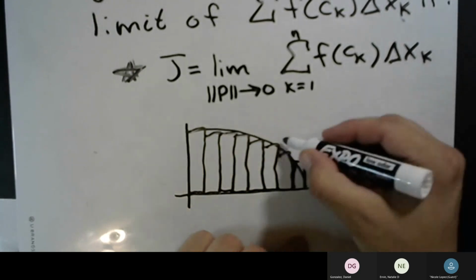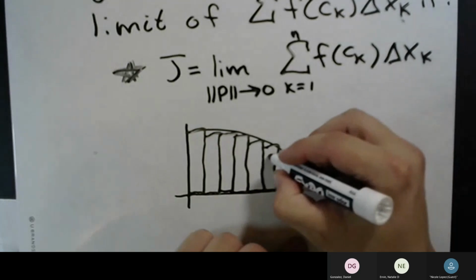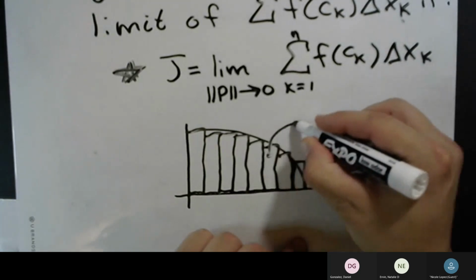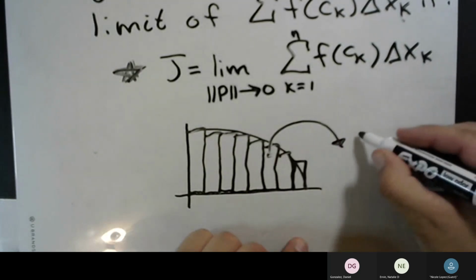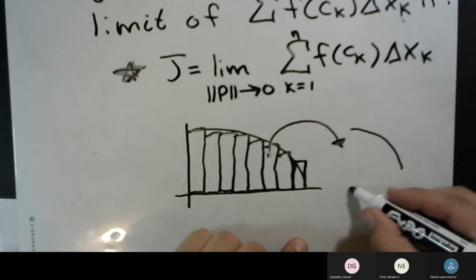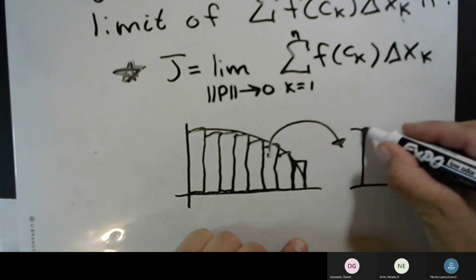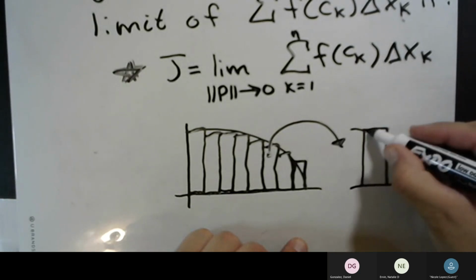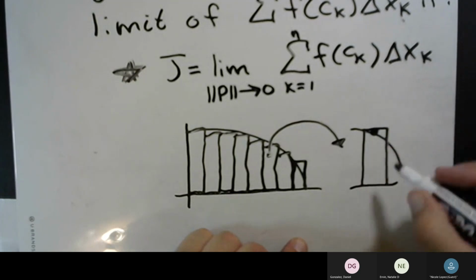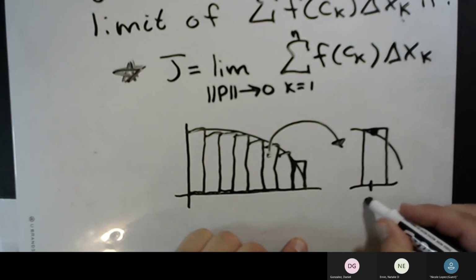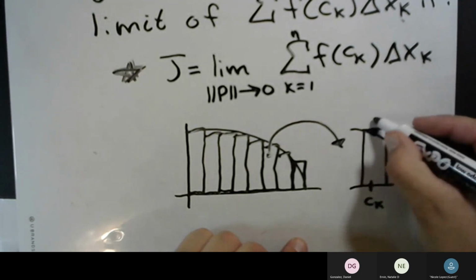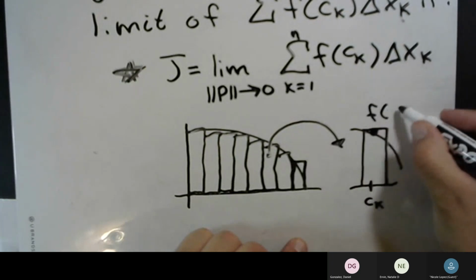And each area, if we take one of these squares, one of these rectangles, we have a CK, we have an F of CK.